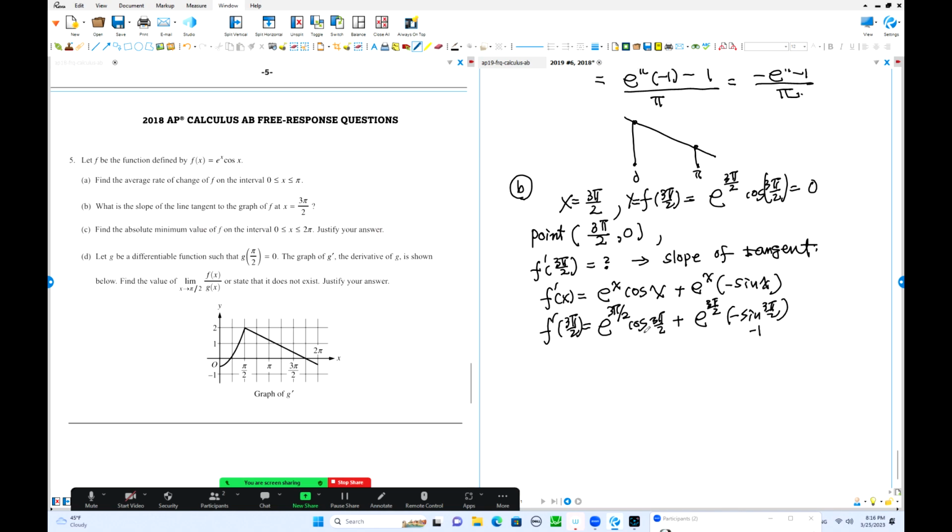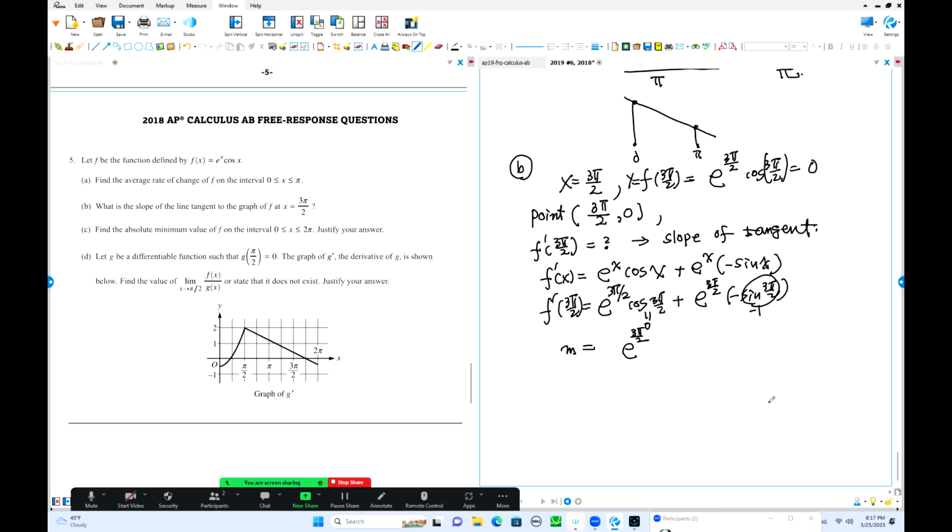This number is negative 1. This is 0, okay? So times 0, plus negative 1 times negative 1. Negative, negative, positive 1, right? So this one is e to the 3 pi over 2 only. That's the slope. What is the equation of the tangent line? We got this point and slope already.